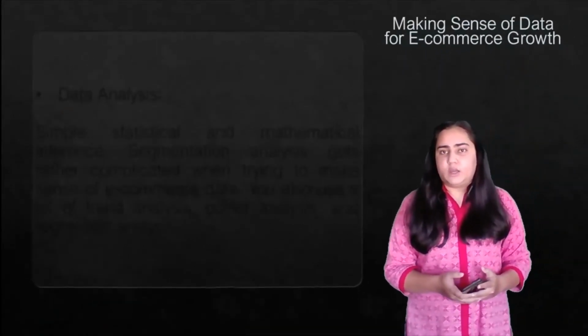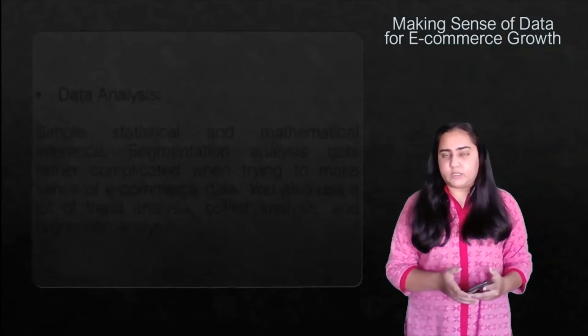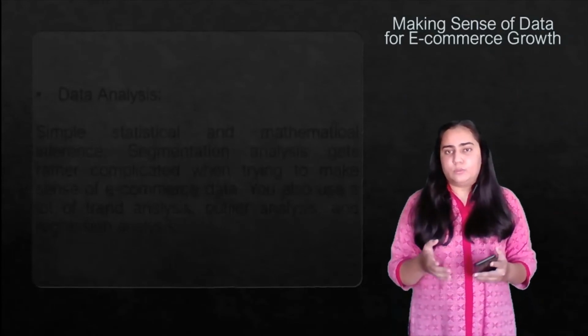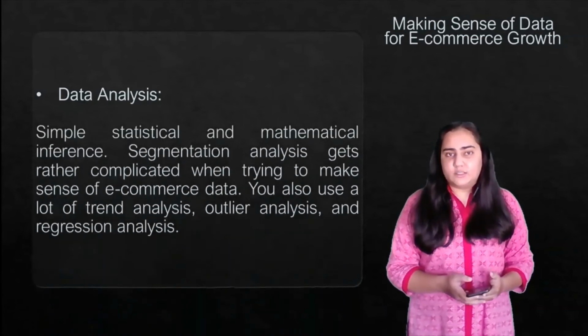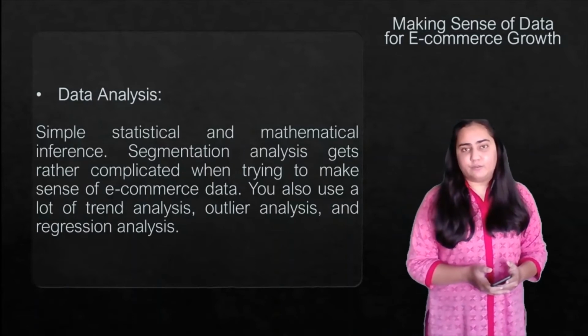Now we're going to see how you can make sense of data for e-commerce growth. This is the task done by data scientists, and they perform several processes to make this task possible. So first is data analysis, which involves simple statistical and mathematical inference.